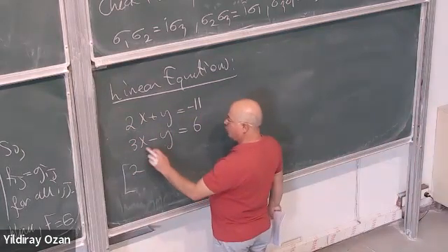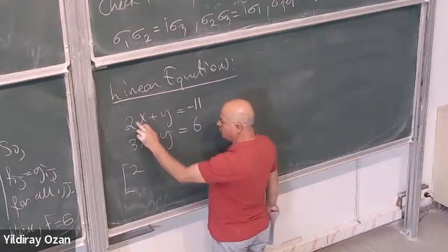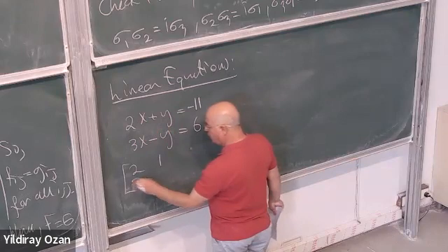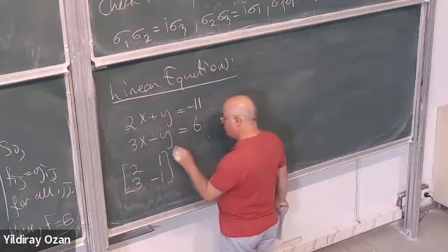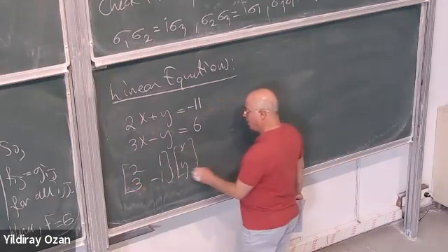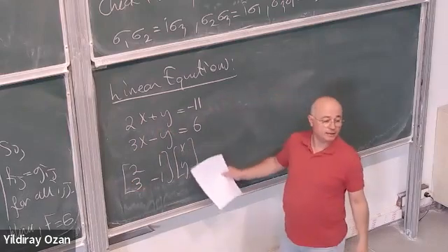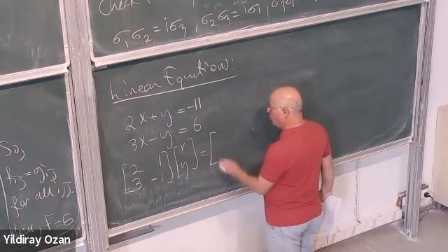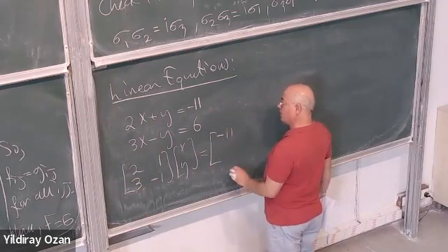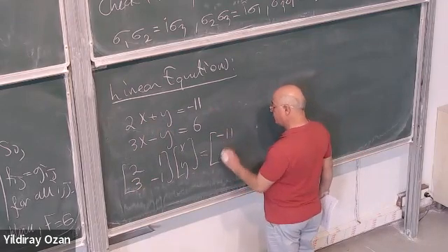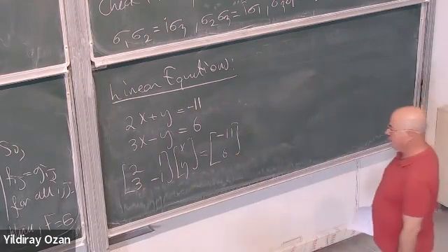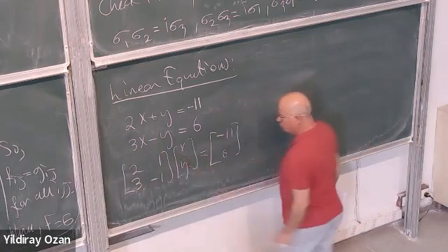Write the coefficient matrix. So I look at these coefficients: 2, 1, 3, minus 1. And write here x and y, considering x and y as if they are real numbers. And this is equal to minus 11 and 6. What we mean by this, you see, when you multiply this, you will get what?